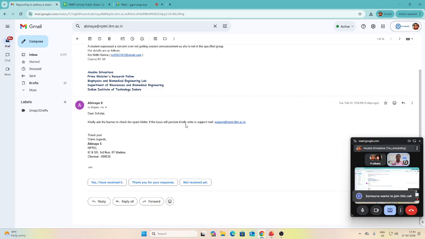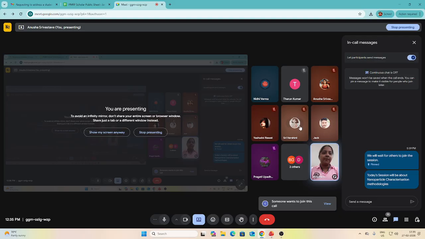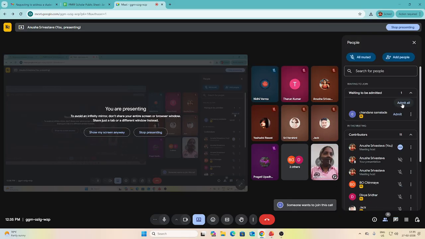If the issue still persists, you can write a mail to support@nptl.iitm.ac.in. So maybe you can click a picture or take a screenshot of this, first check your spam folder, and if you cannot find the mail or the group link there, you can simply mail there and you'll get access to that. Okay ma'am, thank you.